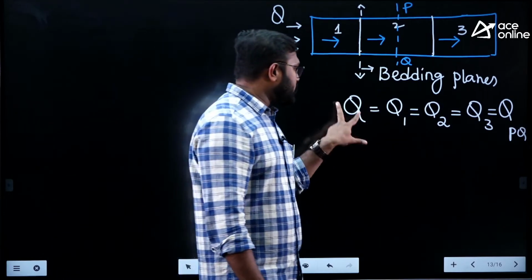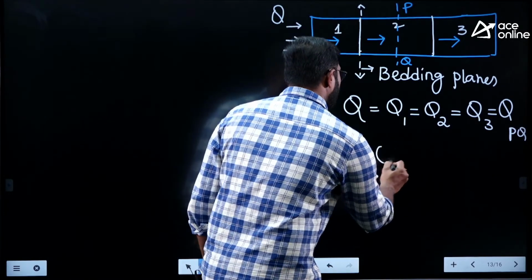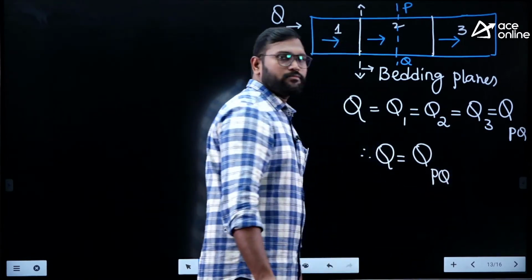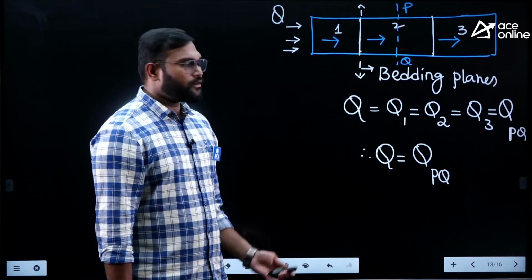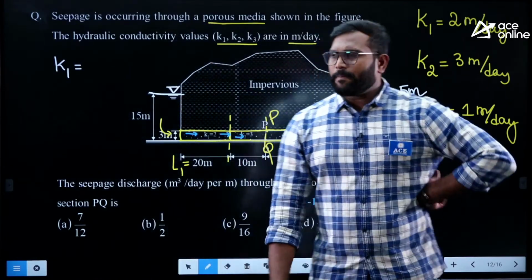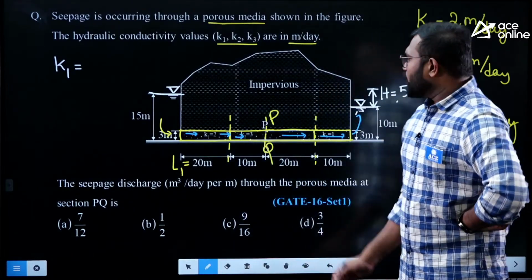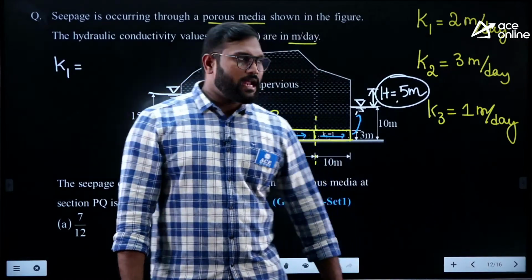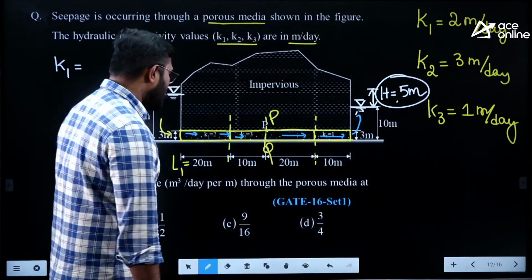So now I can simply say that whatever the total flow rate is, it is nothing but the flow rate passing through PQ. Now let's see how to find out the flow rate passing through the soil, the total flow rate. What is the total head loss I have? 5 meters. What is the total length?